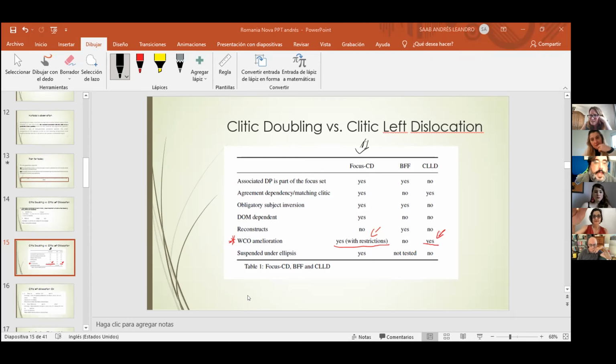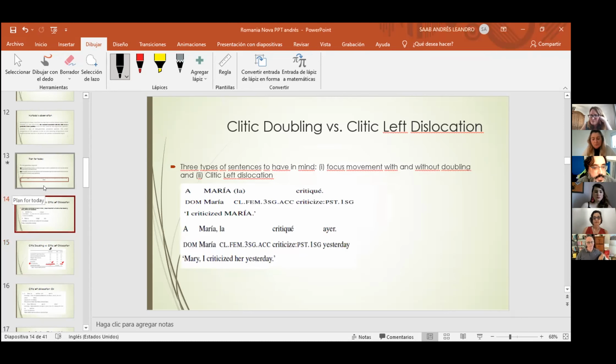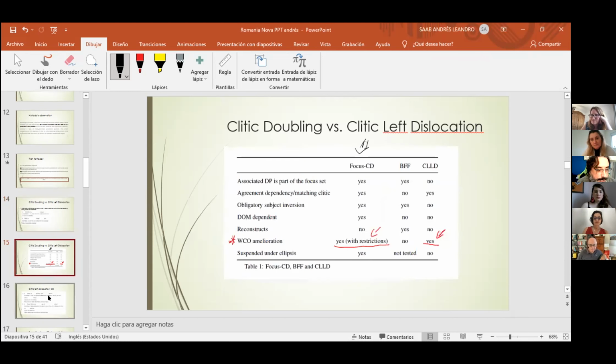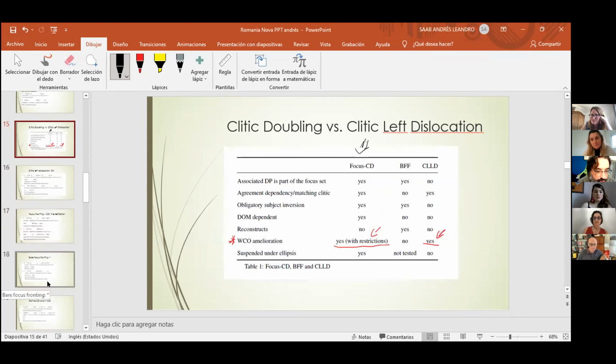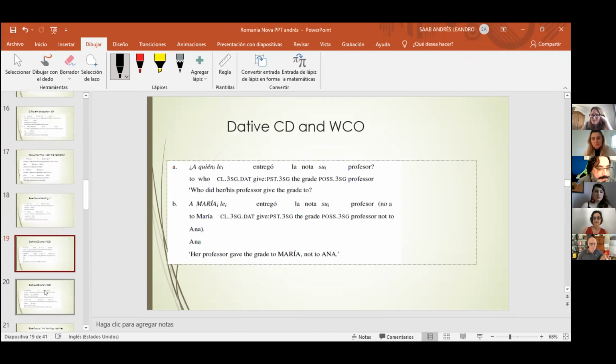Sorry, I didn't see. I don't have any commitment as far as how we get the dislocation. I must say, because you know, this theory of weak crossover is the theory in Rice or Van Hulk. Van Hulk, for instance, says that uniformly A-bar extraction abstracts over choice functions.